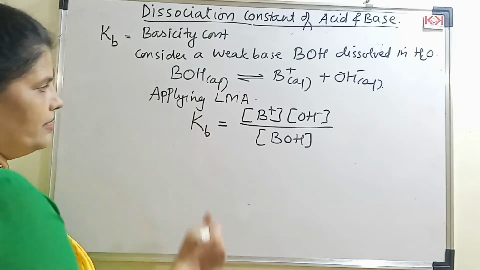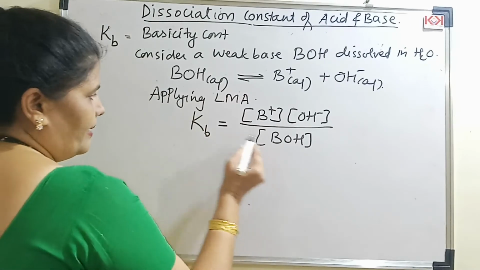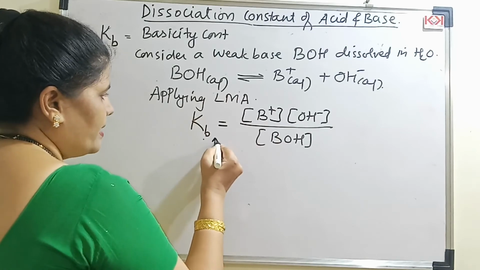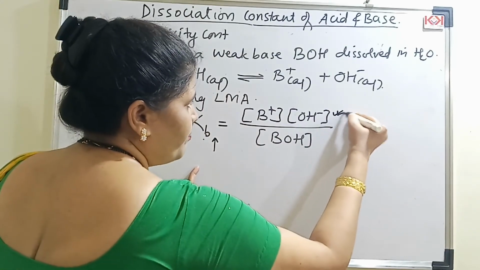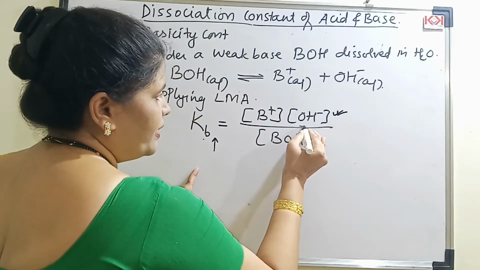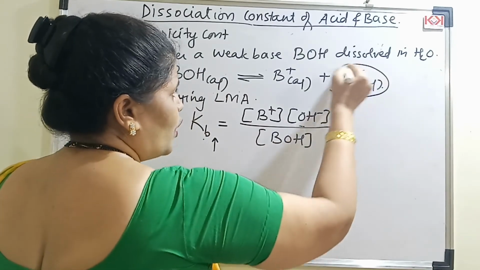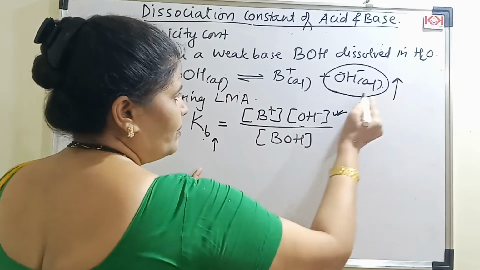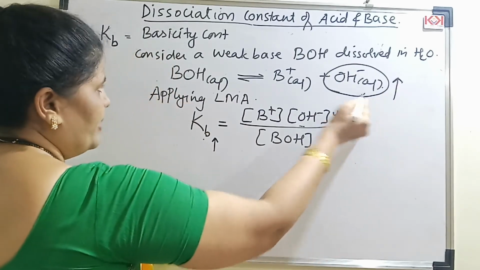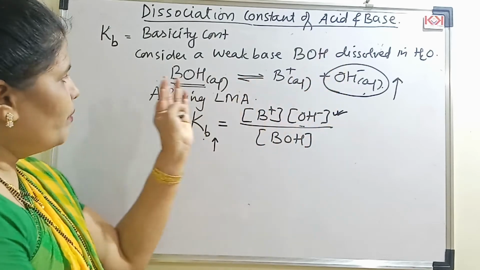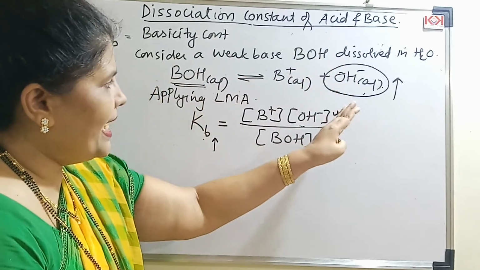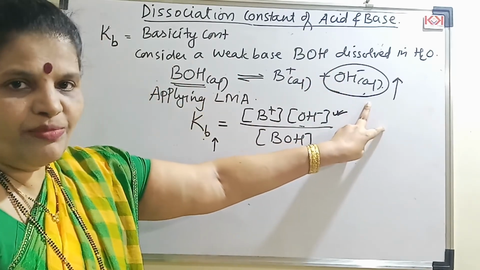Now listen to this statement again. When this Kb will be high, the concentration of the products will be more. And when more and more BOH will dissociate, you will get more OH minus ions.